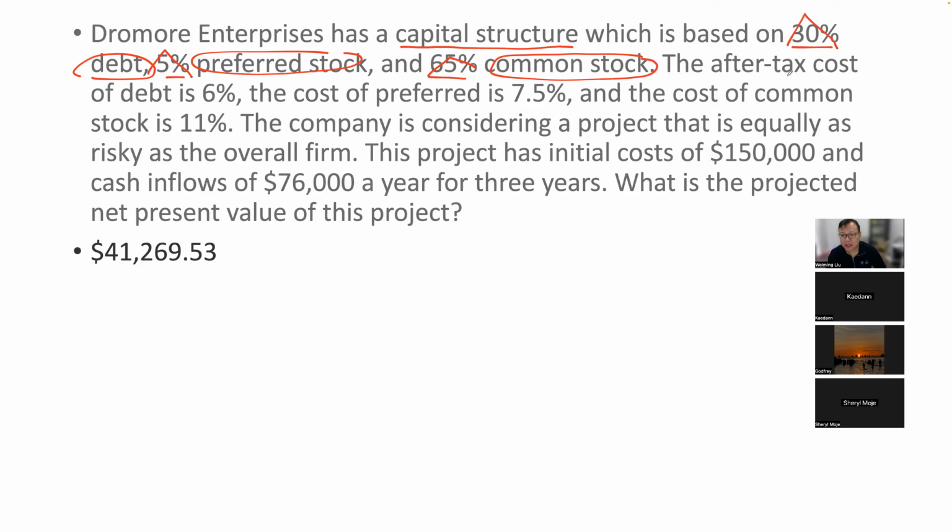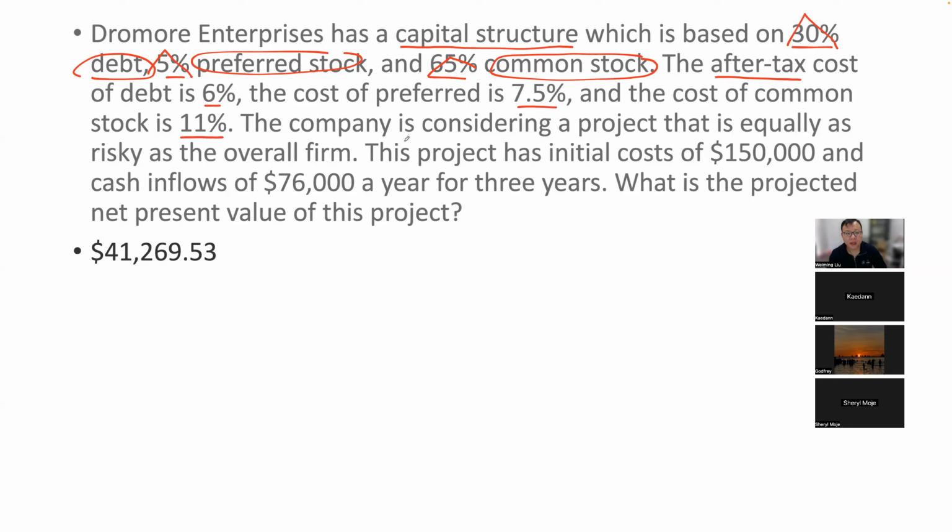And the after-tax cost of debt is 6%. Okay, so it's really important here. It says after-tax cost of debt, 6%. So now we learned the cost of preferred share, 7.5%. The cost of common stocks, 11%.